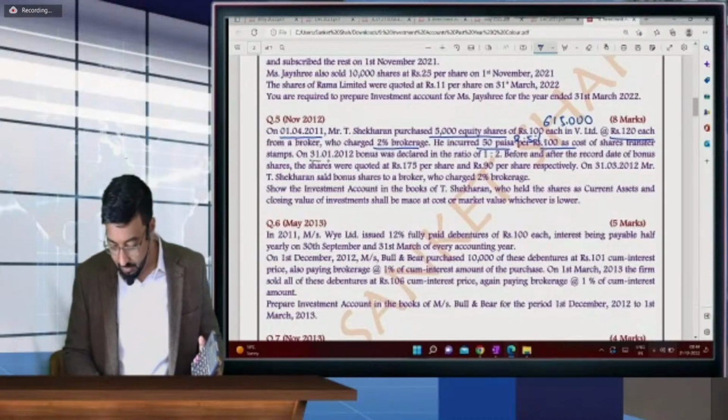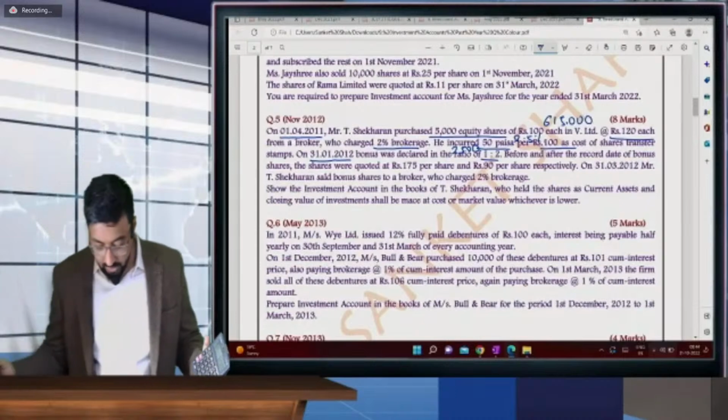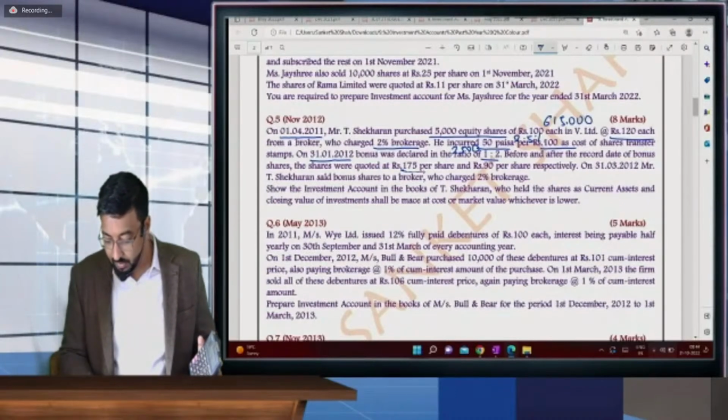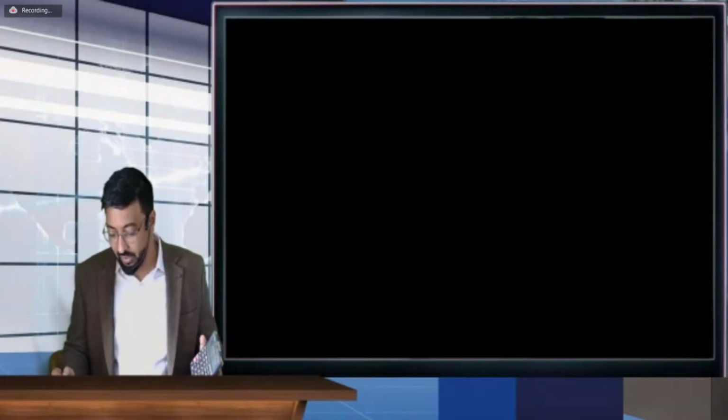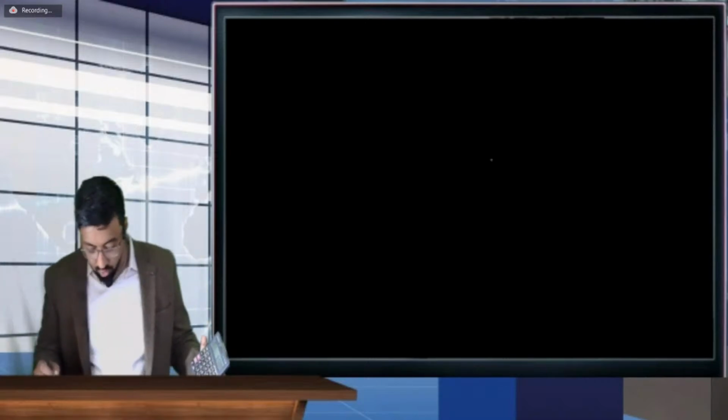On 31st Jan, bonus 1:2. 2,500 shares. Before and after record date of bonus shares, this is 175 and 90 per share. Okay, market value. Market value 90 we will consider. And he sold bonus shares.